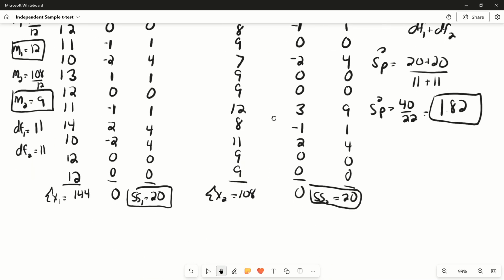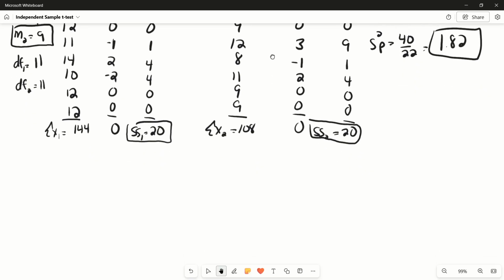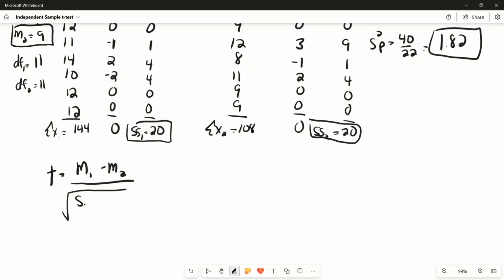So we're going to take that pooled variance estimate and put it into the final t-score formula. So t is mean 1 minus mean 2 over the square root of pooled variance estimate over n1 plus pooled variance estimate over n2. Our two means are 12 and 9.